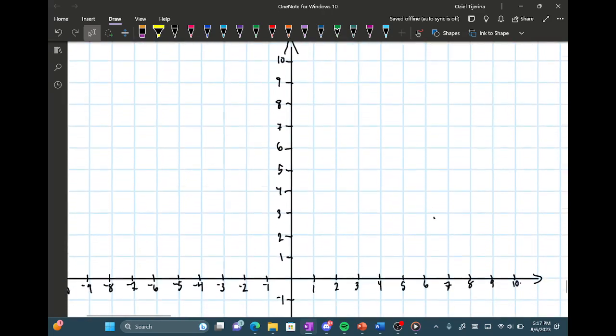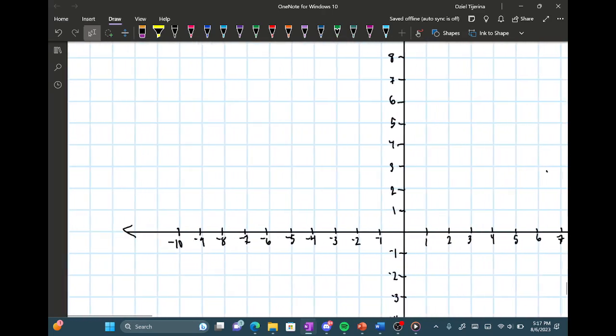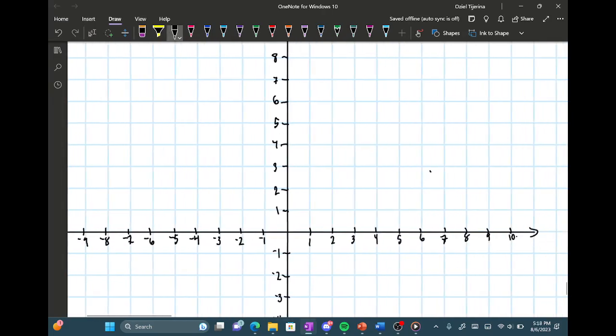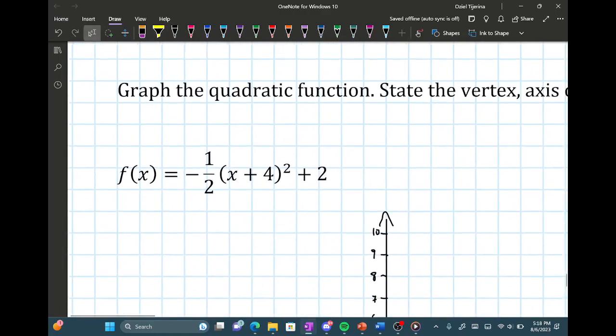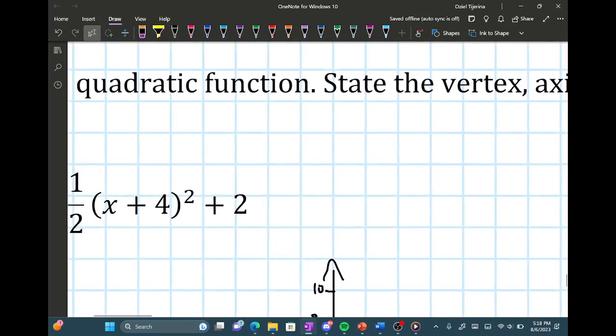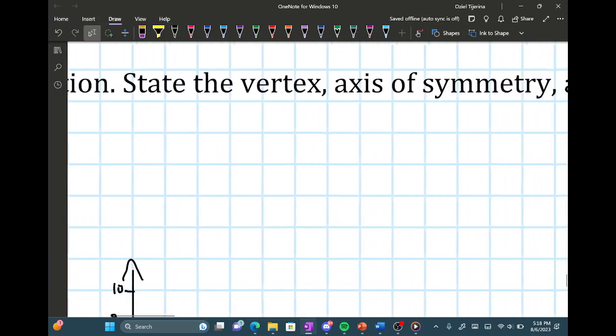For this particular function, we're first going to state the type of form that we are dealing with.